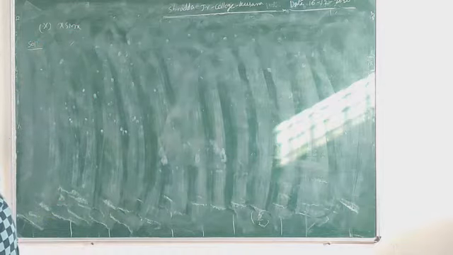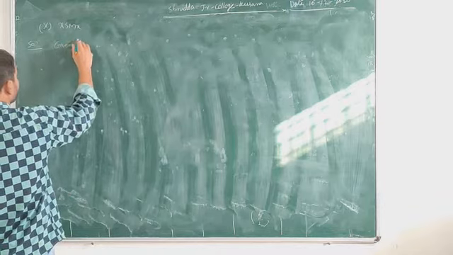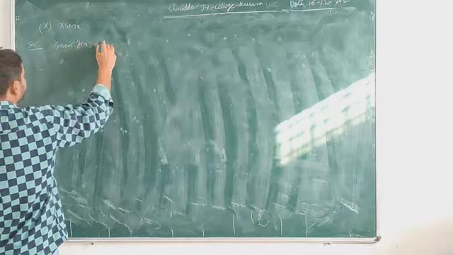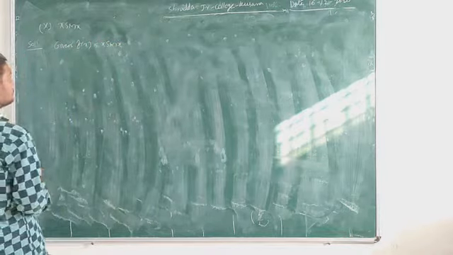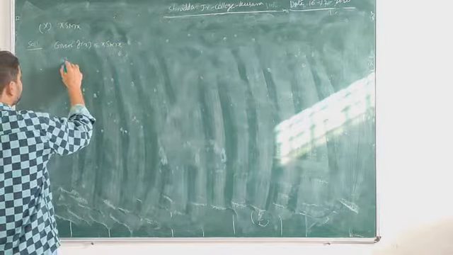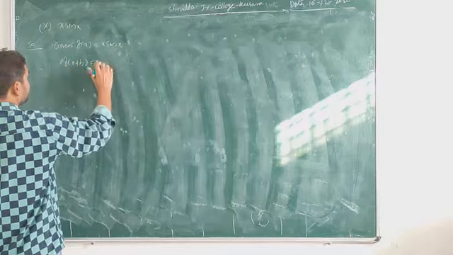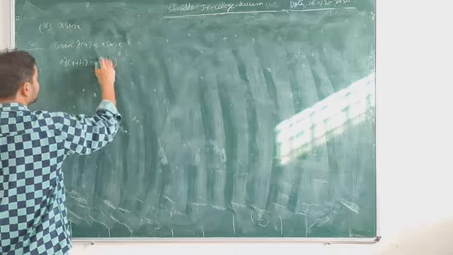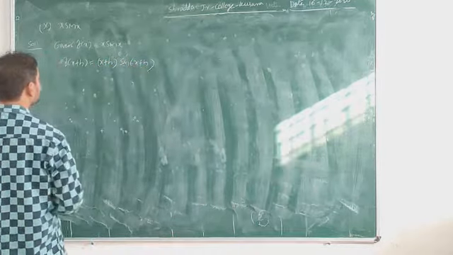See here what is given here. f of x equals x sin x. What is f of x plus h? Now it is x plus h into sin of x plus h.